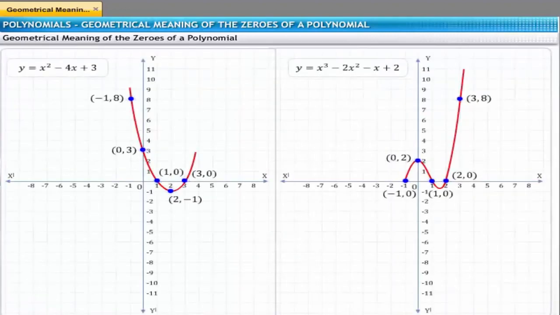We can also find the zeros of these polynomials by identifying the points where the graphs of the polynomials intersect the x-axis. Let's summarize the observations from the graphs.